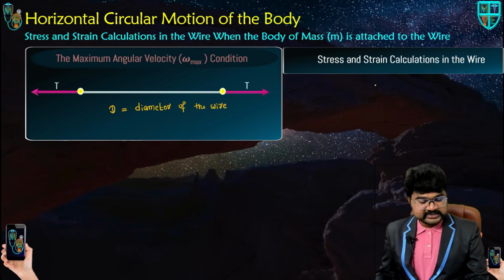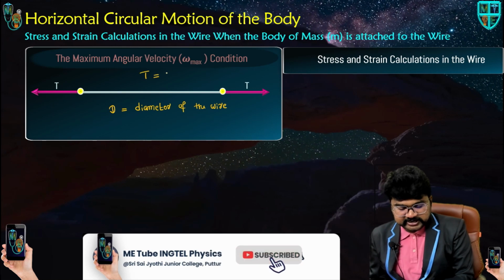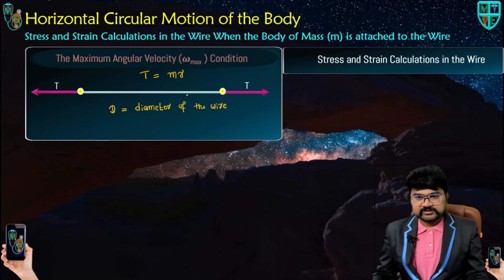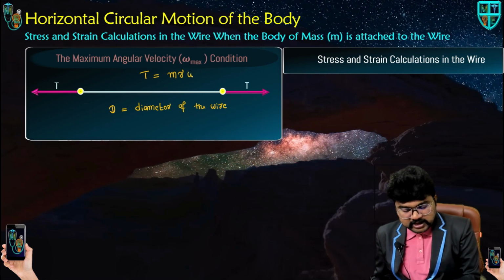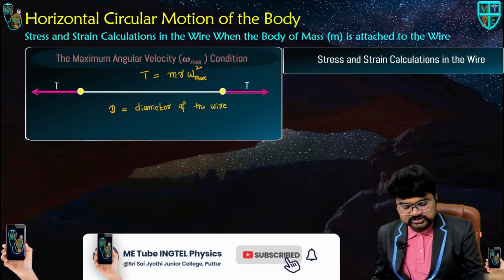What is the tension in the string at maximum angular velocity condition? Tension in the string, m, r is the radius of circular motion, omega maximum square.